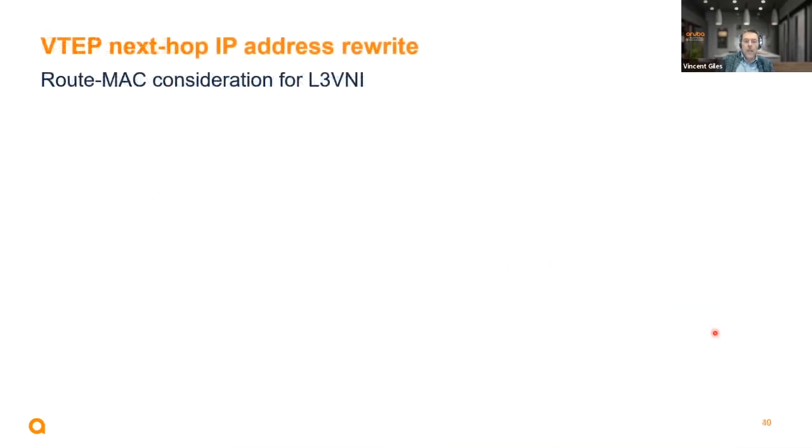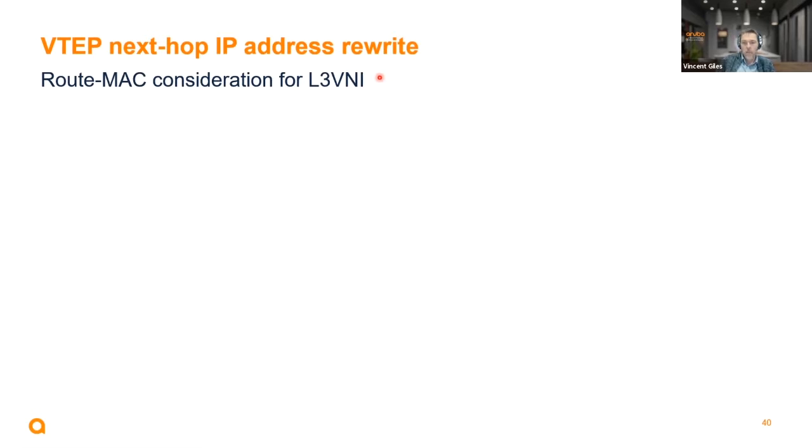So that's the summary. Next is something that I touched before, the router MAC consideration. Remember, we talked about next hop IP that is rewritten. However, there is a router MAC that is associated as a BGP attribute of the NLRI for the destination MAC in order to route the traffic.